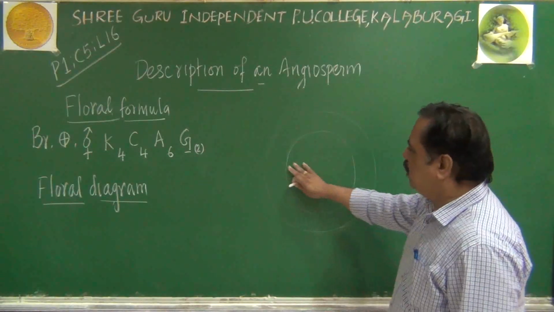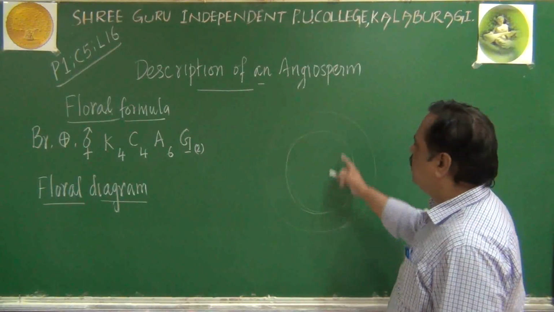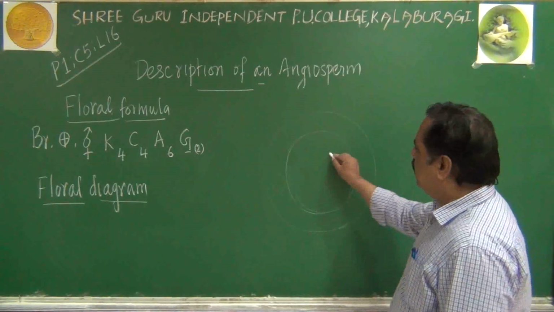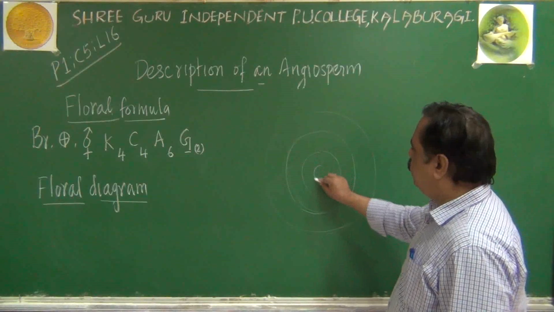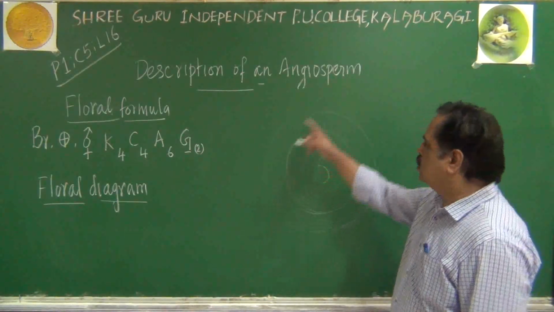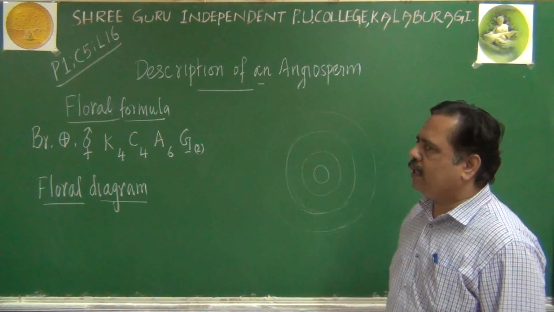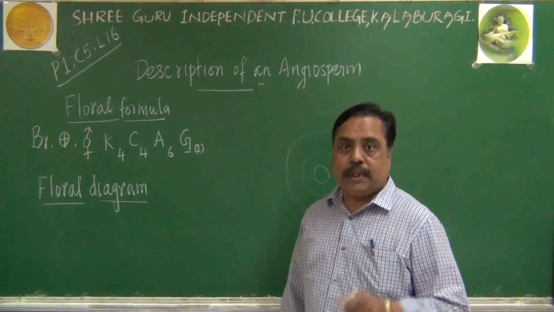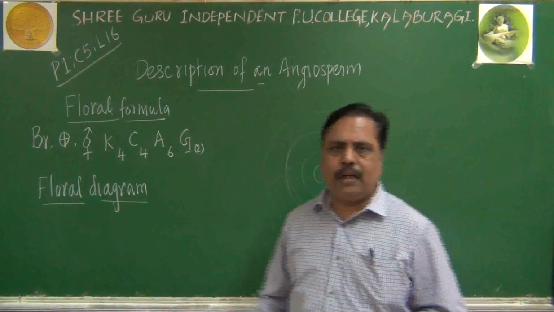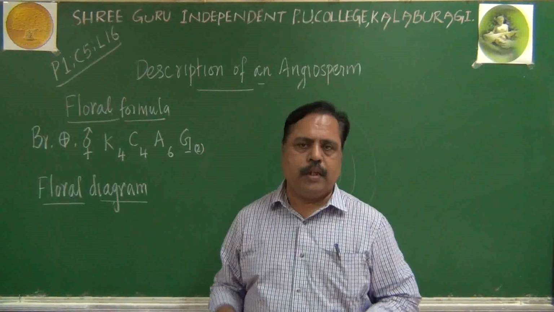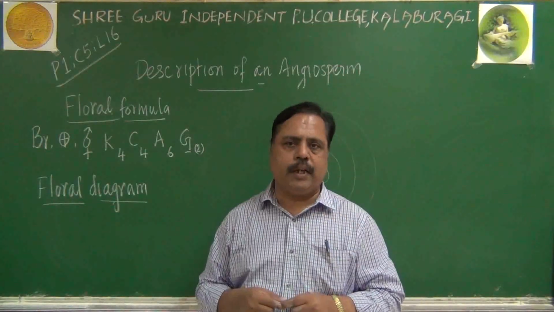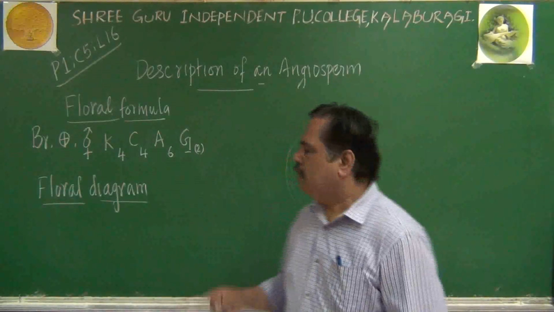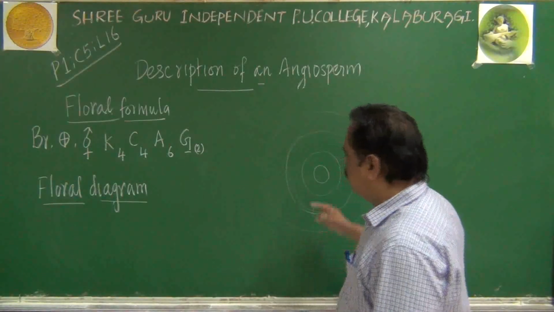You may not be able to see, but remember there is a second circle. Third one is drawn here. Fourth one is drawn like this. So first thing is, when we draw a flower, it is a scientific description of a flower, not an artistic drawing. It is a scientific drawing. When we draw a scientific diagram for a flower, we must first mention the 4 whorls here.